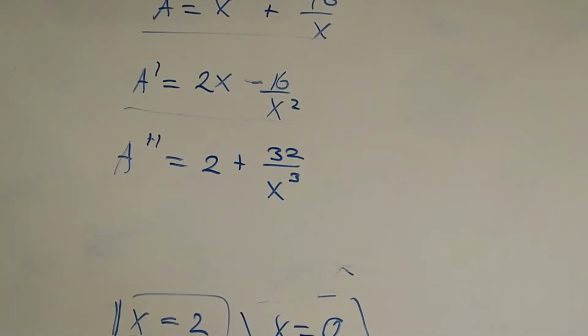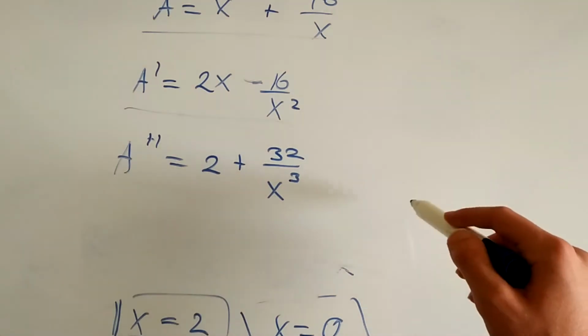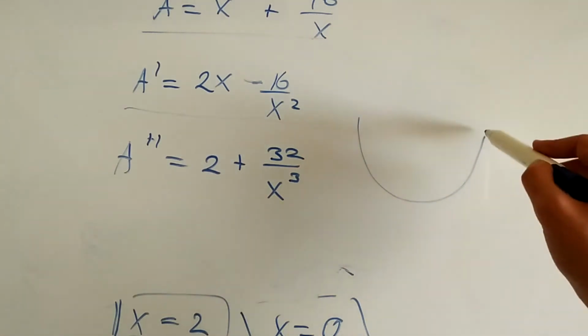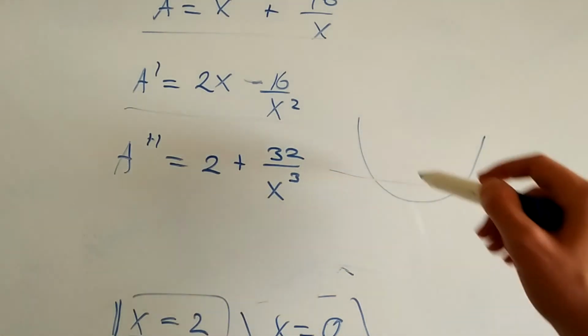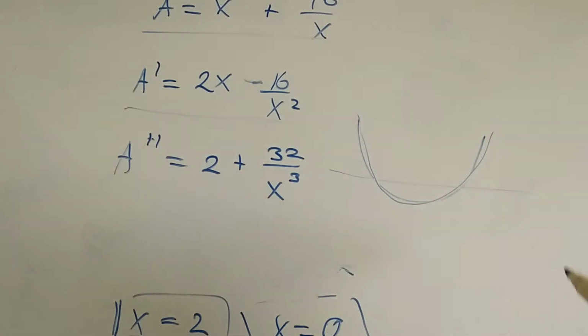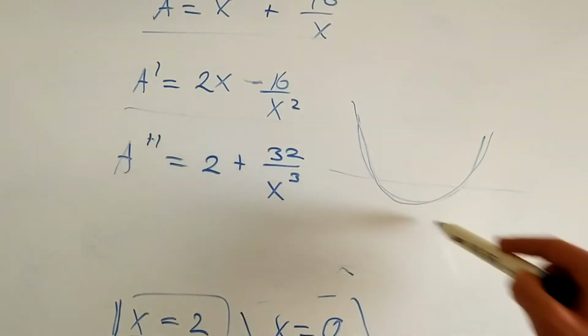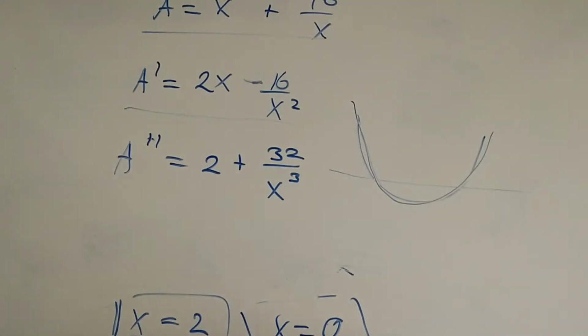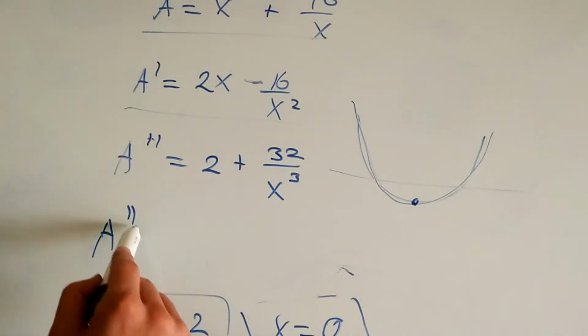Okay, now, since we're looking for the minimum area, remember what we studied about concavity on functions. Since we're looking for the minimum area, the concavity would open upwards. So basically we're looking for the points where the second derivative would be bigger than 0.